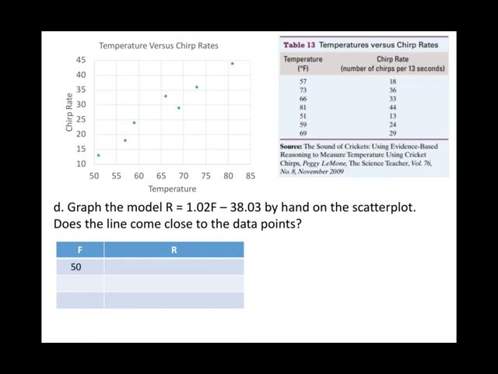So I will make it 50. Plug 50 into this equation. Okay, so I will have R equals 1.02 times 50 minus 38.03. Use the calculator, you're going to get 12.97. Second one, I'm going to use 60. Plug it in, use the calculator, you're going to get 23.17.